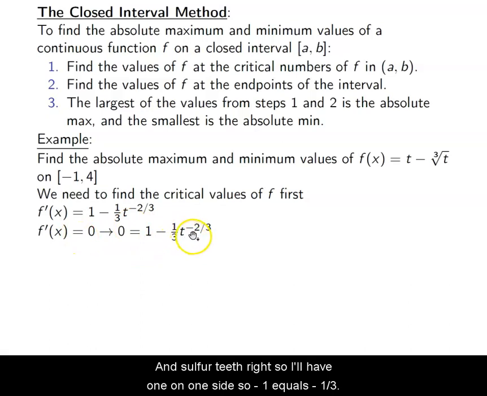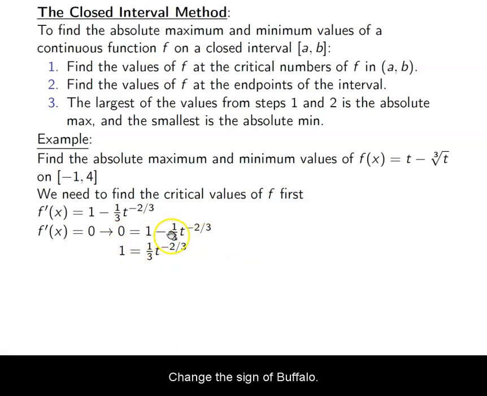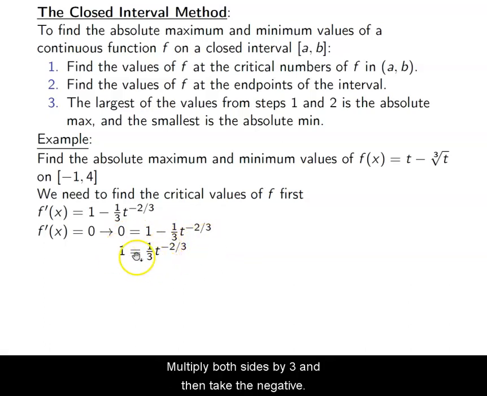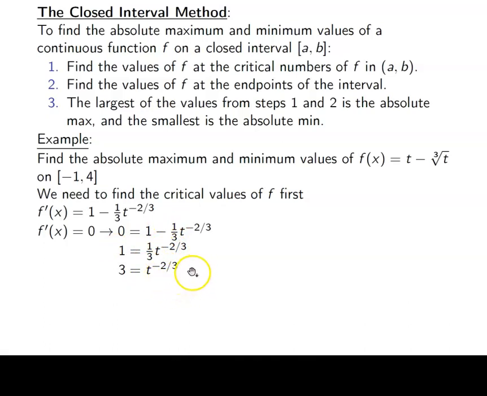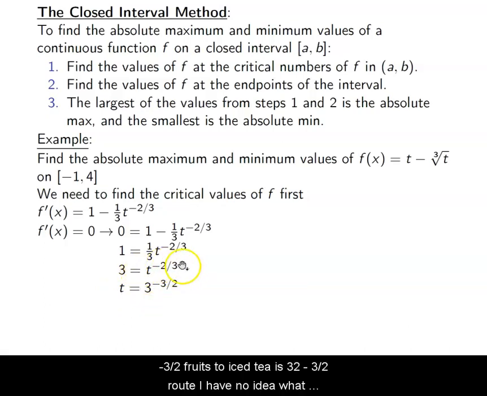And just solve for t, right? So I'll have 1 on one side. So -1 equals -1/3 t^(-2/3). I can just change the sign on both of those. Multiply both sides by 3. And then take the -3/2 root, okay, in order to solve for t, right? So take the -3/2 roots to isolate t, so t is 3 to the -3/2 root.